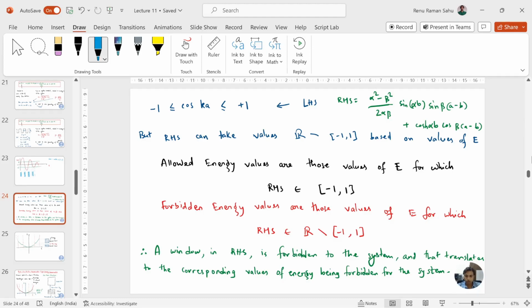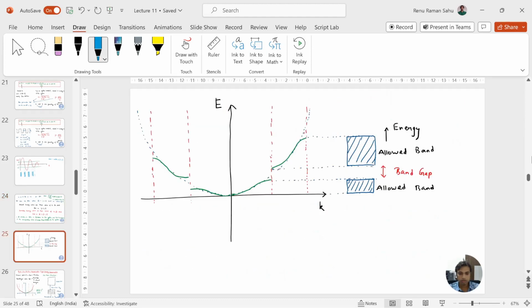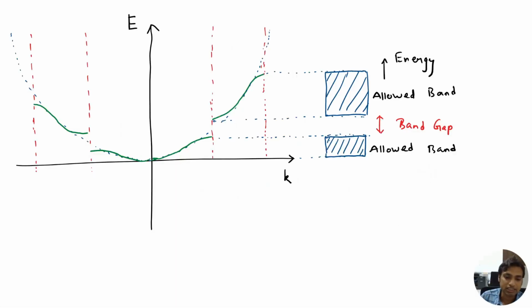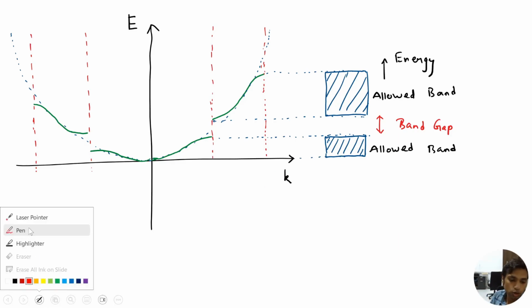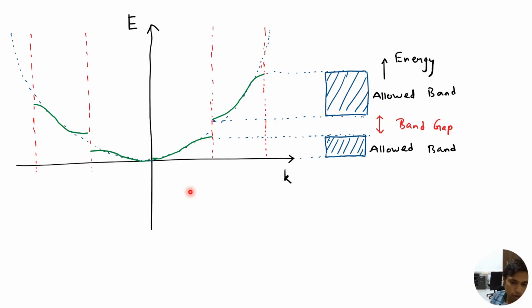Okay, so this we had seen in the last class, and what we had seen is that there would be some energy gap arising here. This is in the k space, or the momentum space, that we are talking about, and this is that k, just now we saw that cos Ka was there.